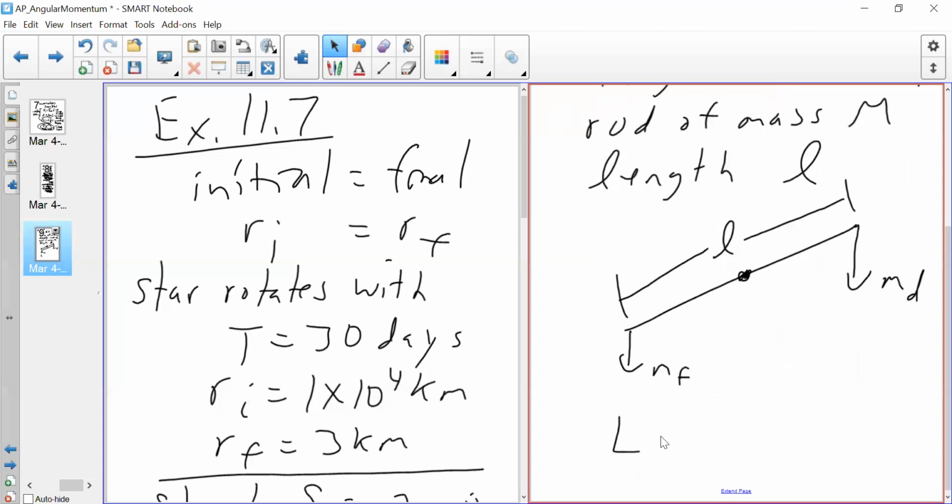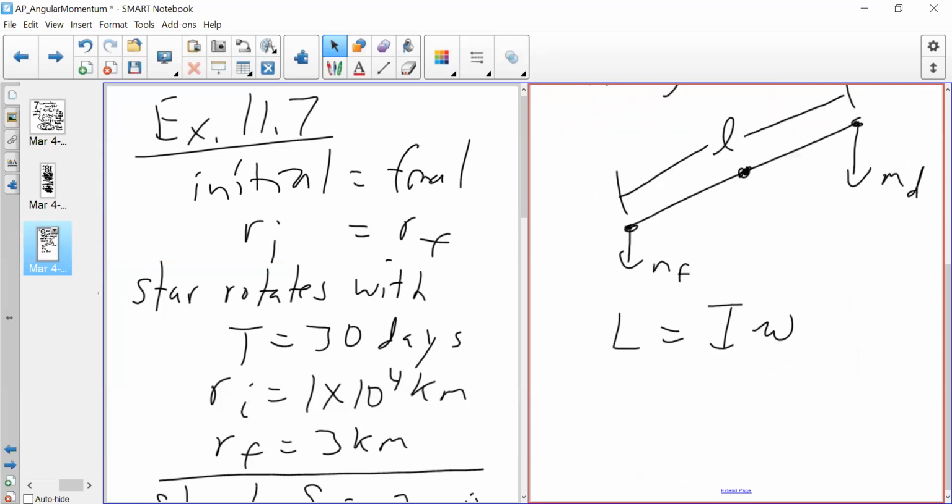So instead of using this guy, I omega, because it's not an actual shape, it's made up of 3 point masses, we can come about it a different way. We can use their masses and their distances. So the total angular momentum is just made up of the individual angular momenta, which is equal to I omega.